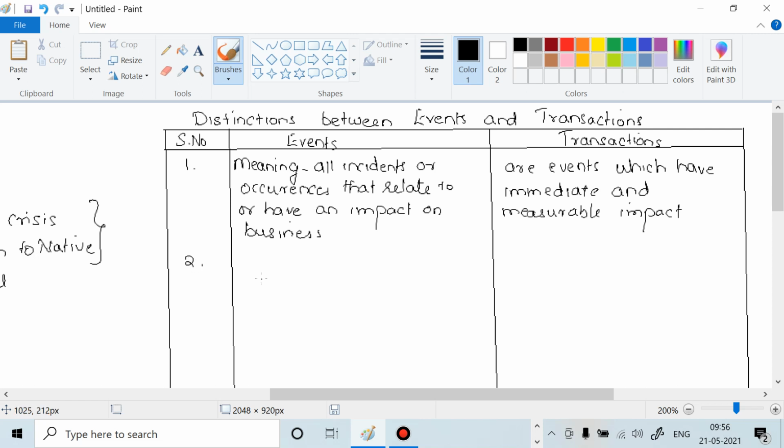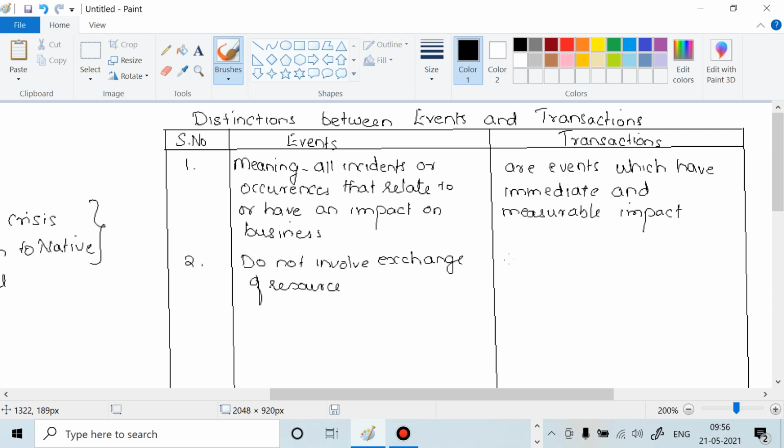Second point of difference, how we can differentiate, is that events do not involve exchange of resources. Now, Sohan leaving and going back to his native is an event where you don't see any impact on the resources.